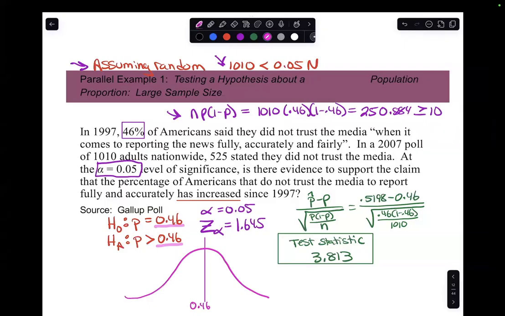My z-score tells me that the edge of my confidence interval is right here with a z-score of 1.645, because that's telling me that the edge is 1.645 standard deviations away from the mean. My test statistic, this right here, has me way out here in the tail, very far to the right of that 1.645.